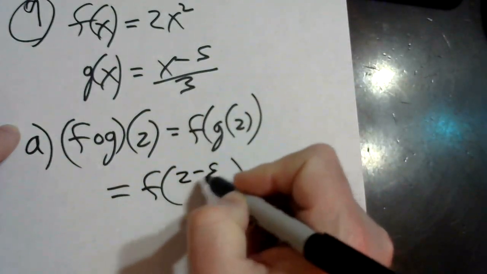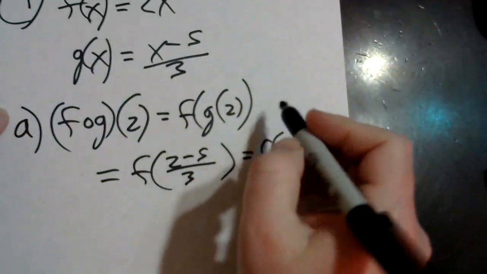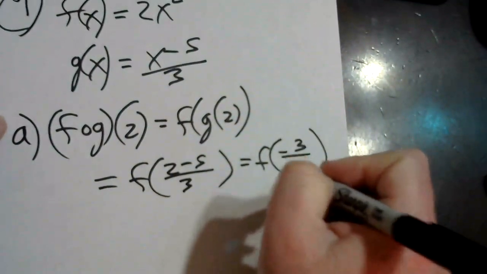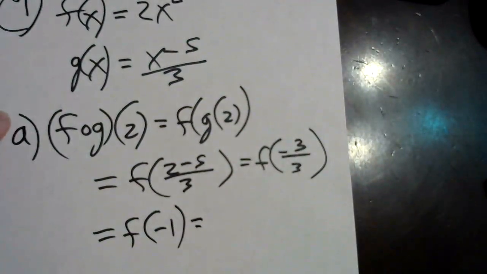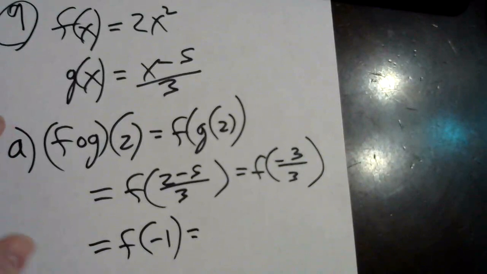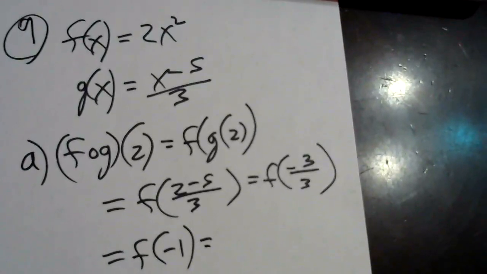So 2 minus 5 all over 3. But 2 minus 5 is negative 3. So it looks to me like we're actually finding f of negative 1. All right. So just plug in negative 1 for x into the f function.